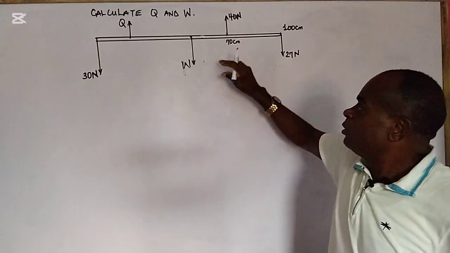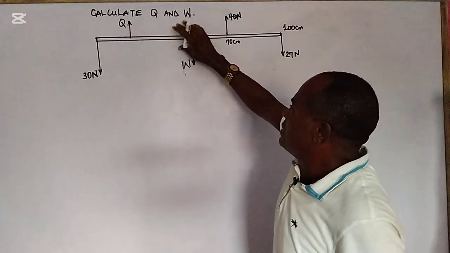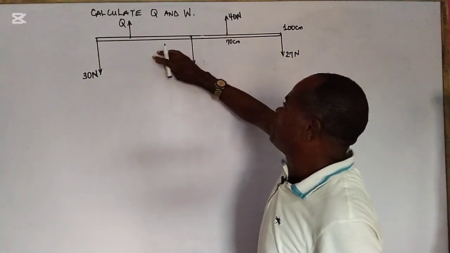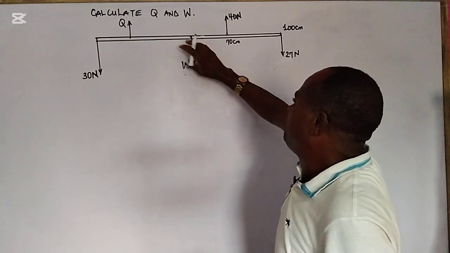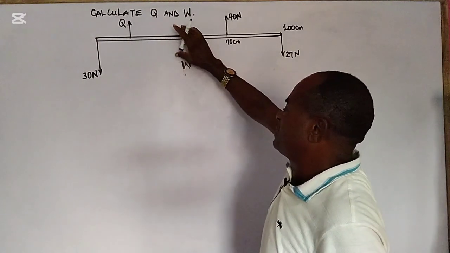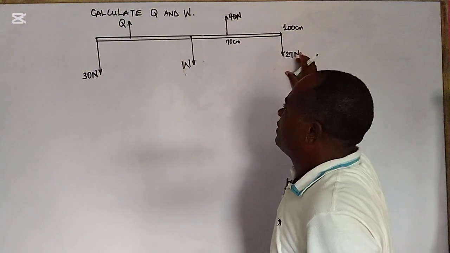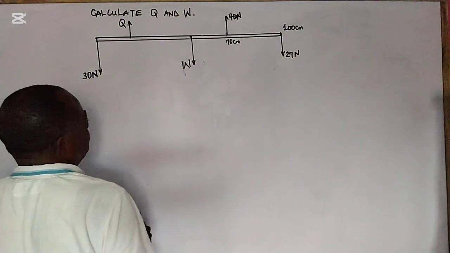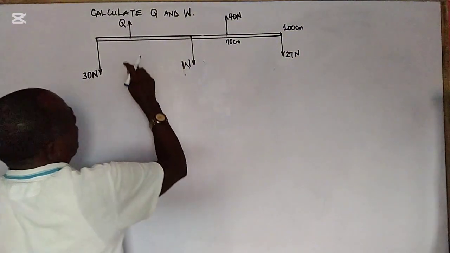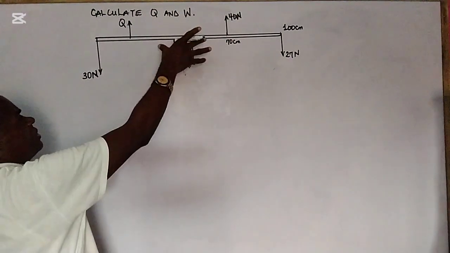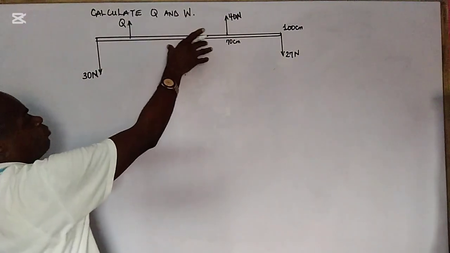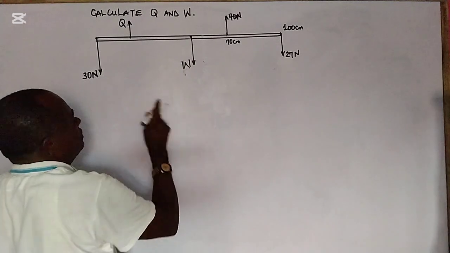Our interaction is going to be based on the positions of the forces and then the effect of moment across the beam. So the first thing we are going to do is consider the forces. The sum of upward forces equals the sum of downward forces.